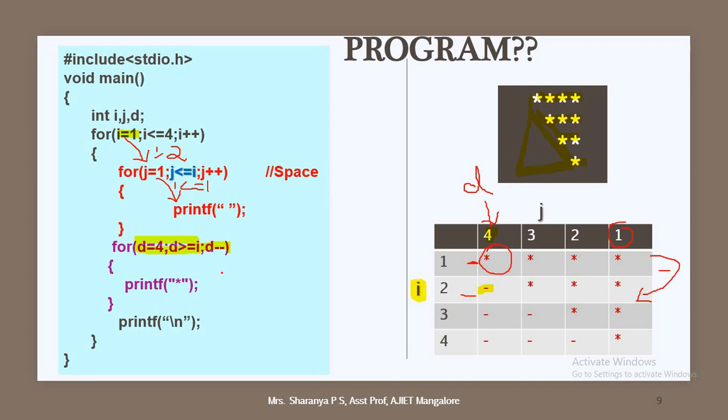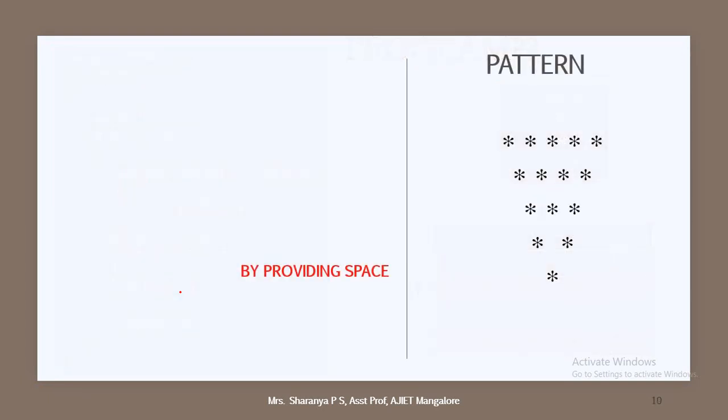When it comes to the next time, it will be printing 3 spaces. One will be here and like this. So maximum J will be 4. 4 is less than or equal to 4, the condition is true. So a total of 4 spaces will be provided and then the star will be printed. This is how we can give the space and then we can run it.